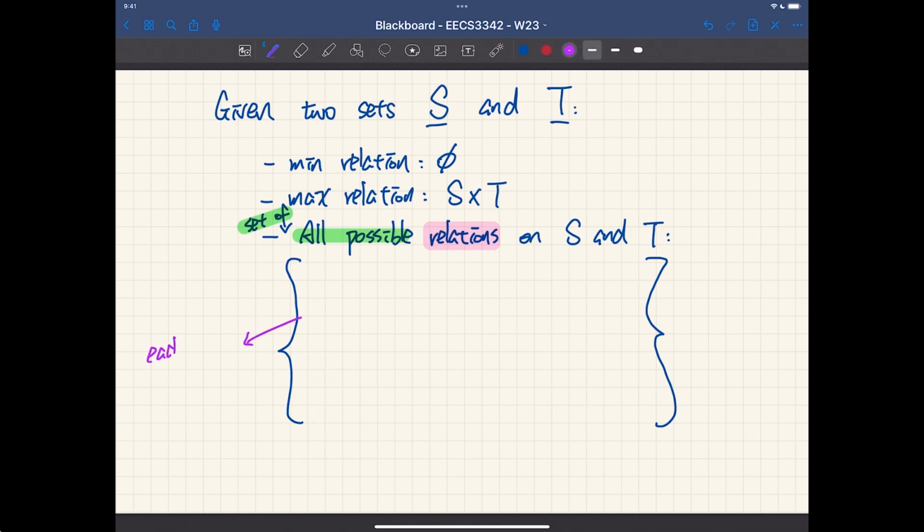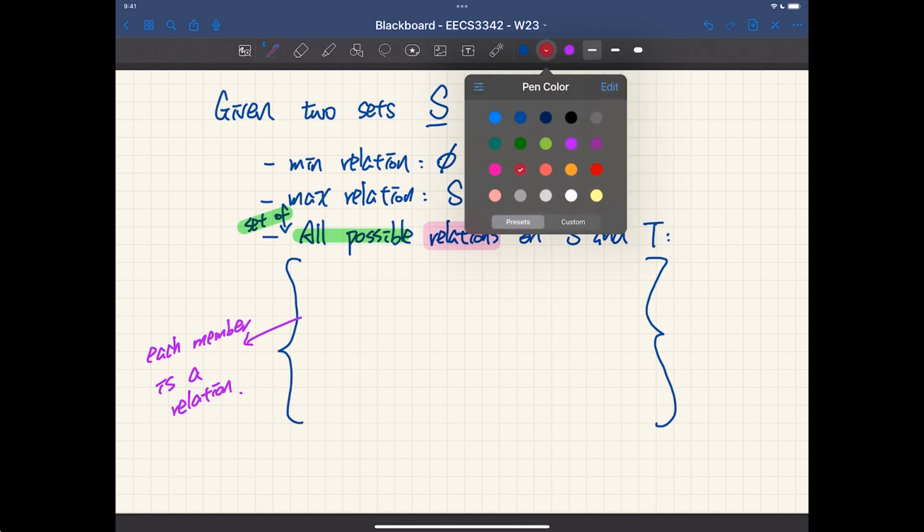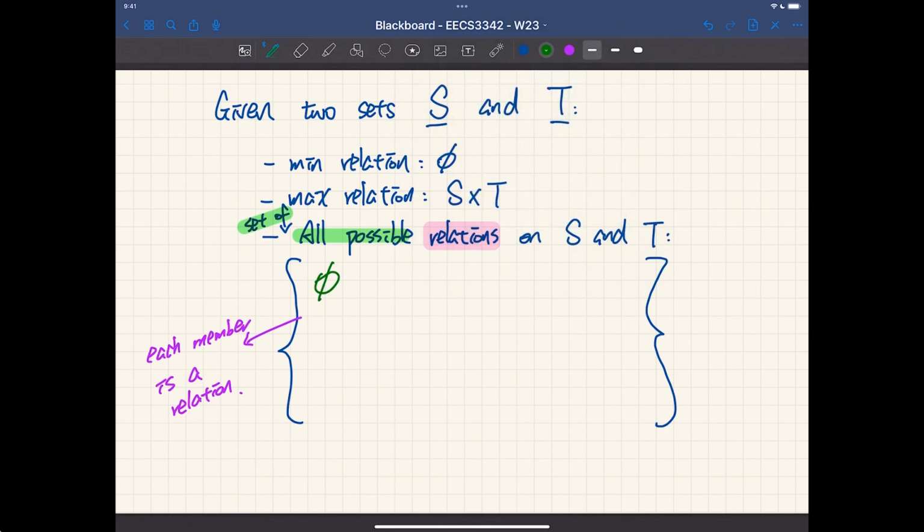We know some of them already. Why don't we write them out? Empty relation should be there. And also S cross product T should also be there.